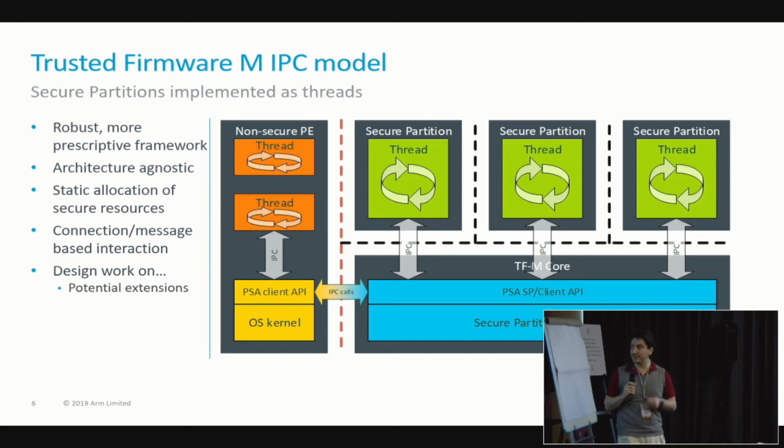We have secure threads that are created at boot time, at initialization. Interaction between the security domains is based on connections and messages. Here, the design is well established in the PSA firmware framework, which is at version 1.0 beta. Now we are looking at various potential extensions to that framework on how we can create a more flexible framework in this model.